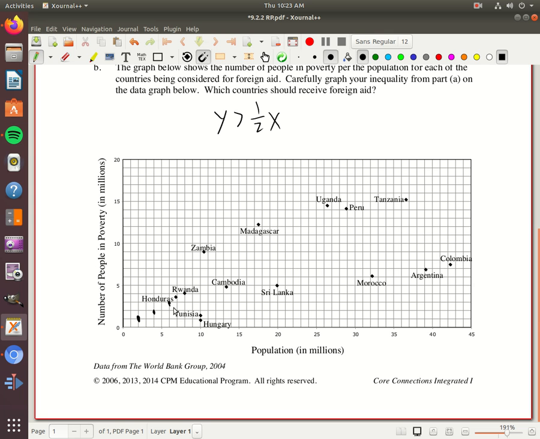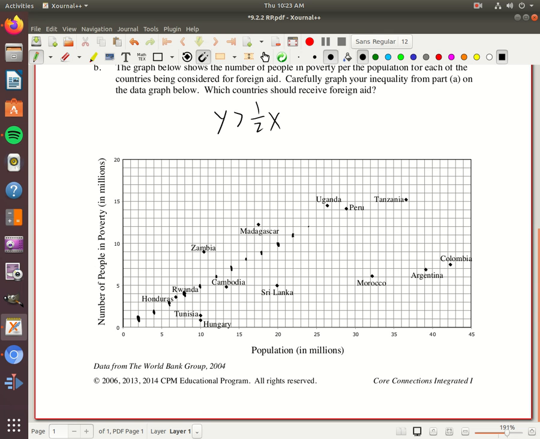Normally I would skip to bigger, but I think Rwanda ends up being right on the point, which is interesting to discuss. We are using a dotted line for this one, of course, because it doesn't say equal to.